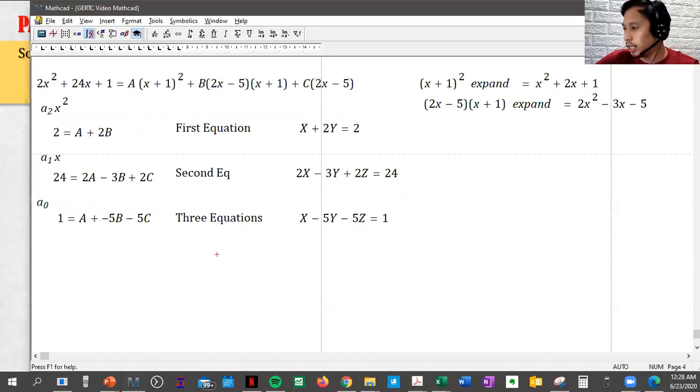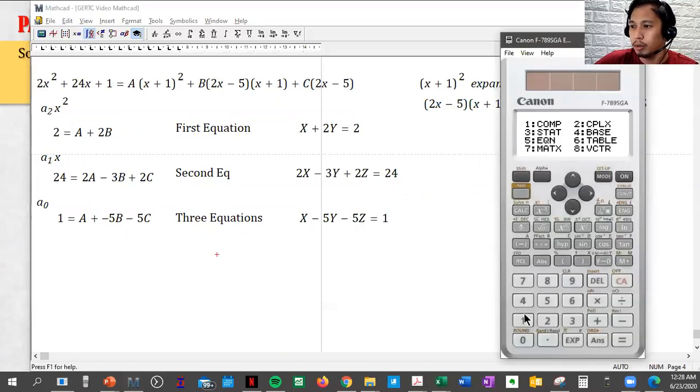So using the calculator, mode 5, 2, kasi 3 unknowns, input them. A is 1 for the first equation. B is 2. C is 0, no? Walang z dito. So, the constant D is 2. Wait, mode 5, 2, 3 unknowns.